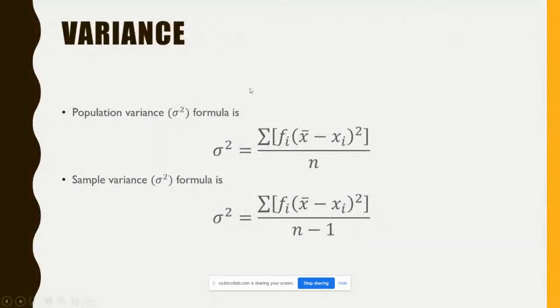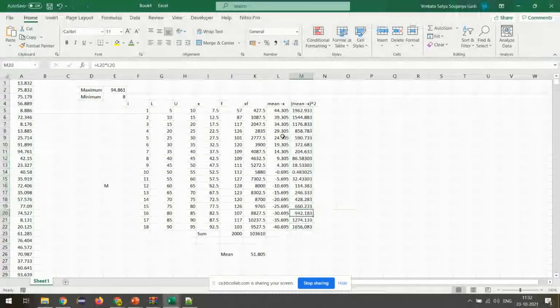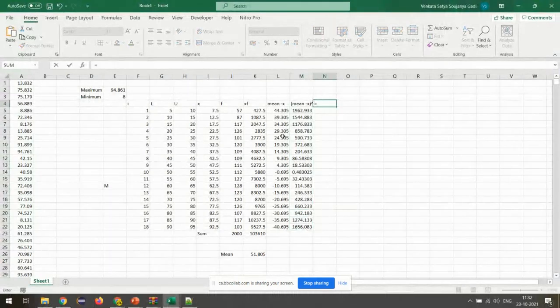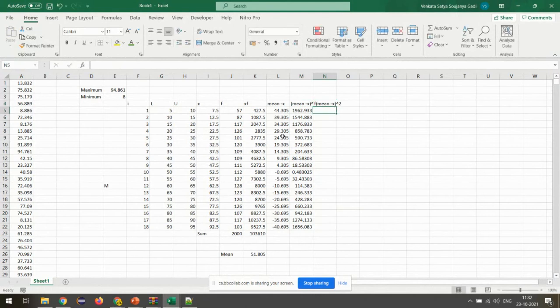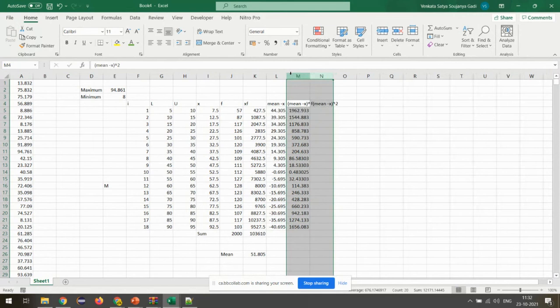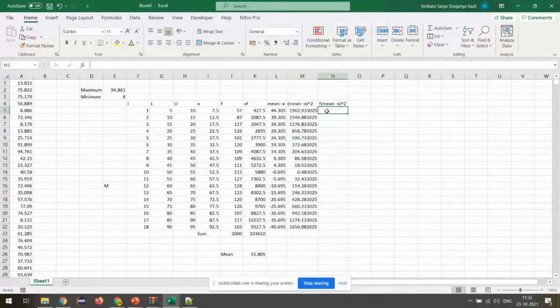Okay. So the next step is to multiply with f, the frequency. So this one we multiply the whole with the f.